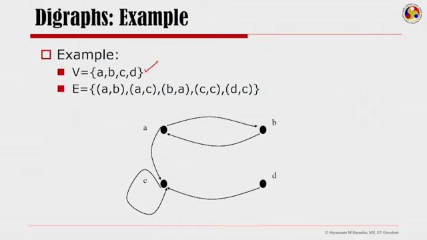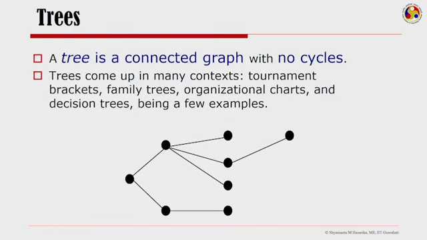If you go back and see the directed graph, here we have an arc that starts at C and comes back to C again. Or you could see here we go from A to B and then there is a path from B to A. Such a thing is called a cycle. So in a tree, we have a graph which is connected but does not have cycles. This is something that we'll explore in the remainder of this lecture.